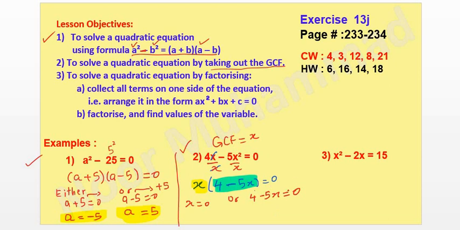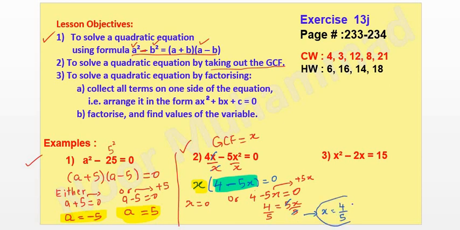Now what will you do? You will move this 4 to the other side, or you can move 5x to the other side. It's your choice. I will move 5x to the other side, so it will change into positive 5x. So 4 equals 5x. And now divide each side by 5. The 5 will cancel 5, and here only x will be left. So we will get x equals 4 over 5.